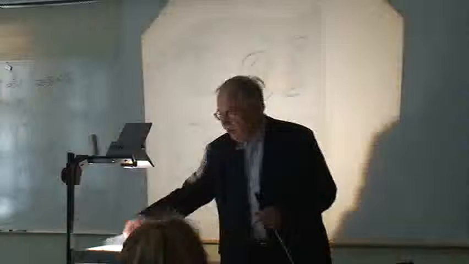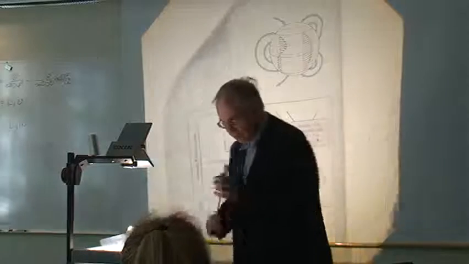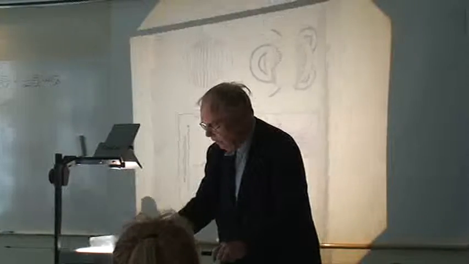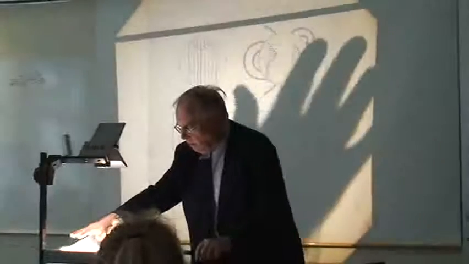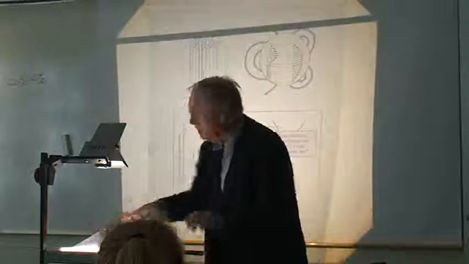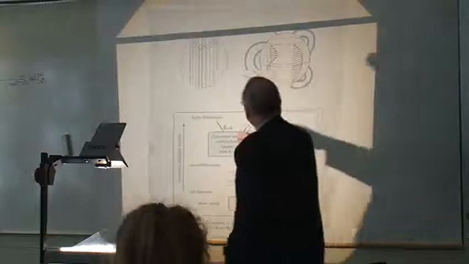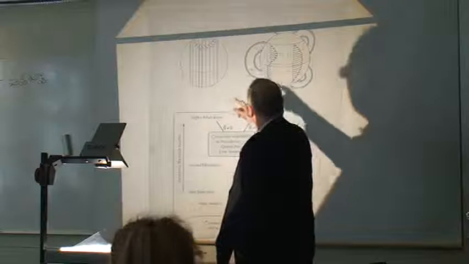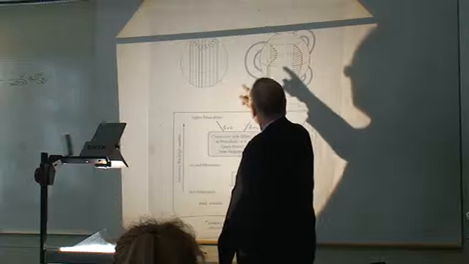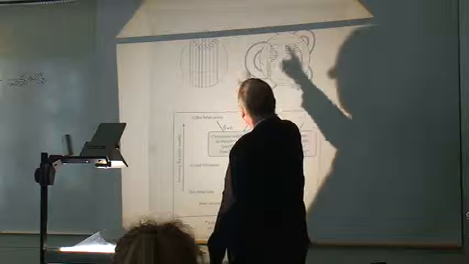Well, the whole problem is sort of described in this way. You start off with convection, and then you have magnetic fields possible in two basic forms.